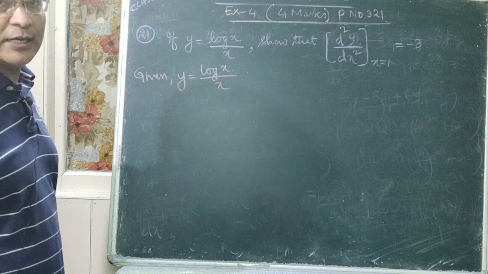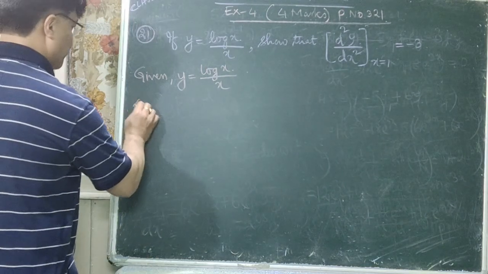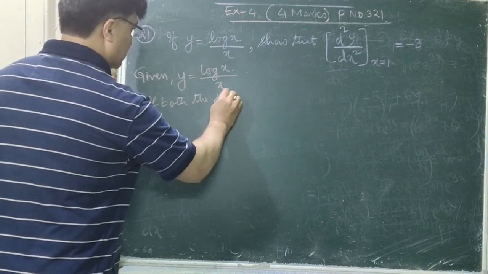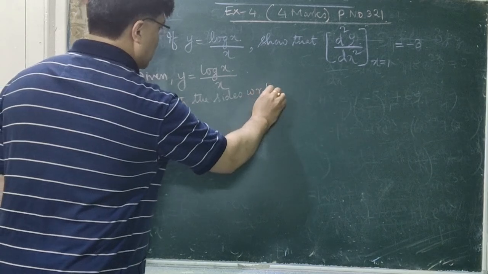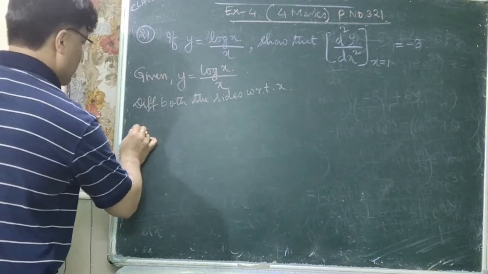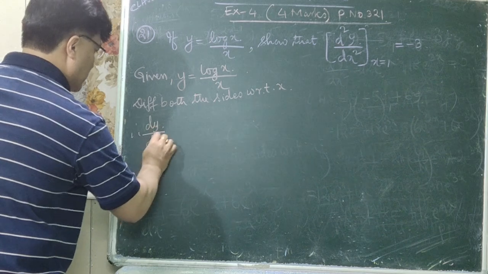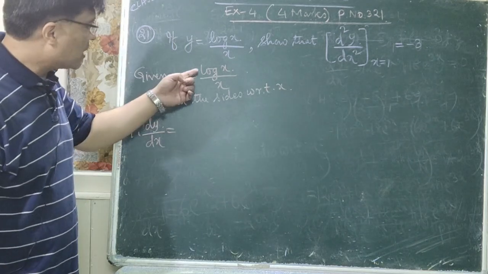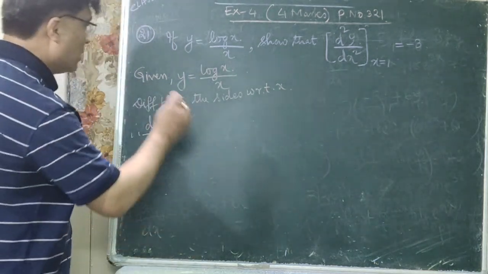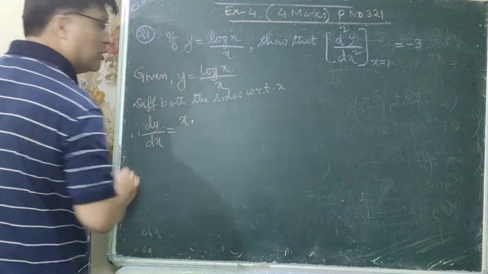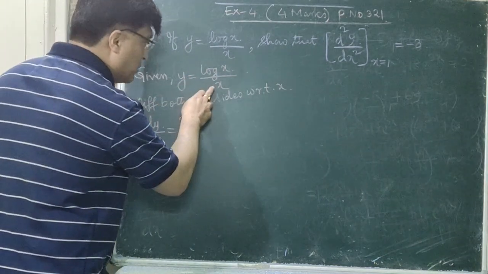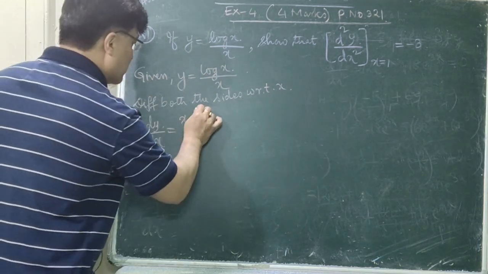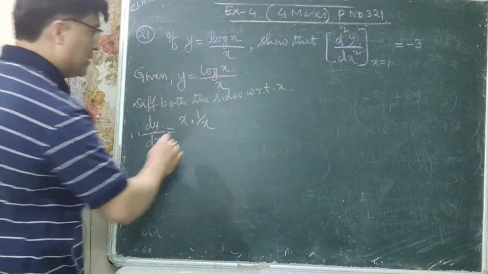Now let us differentiate both the sides with respect to x. So dy by dx is equal to, use the u by v rule. Keep the denominator as it is, and take the differentiation of the numerator: the differentiation of log x is 1 by x.